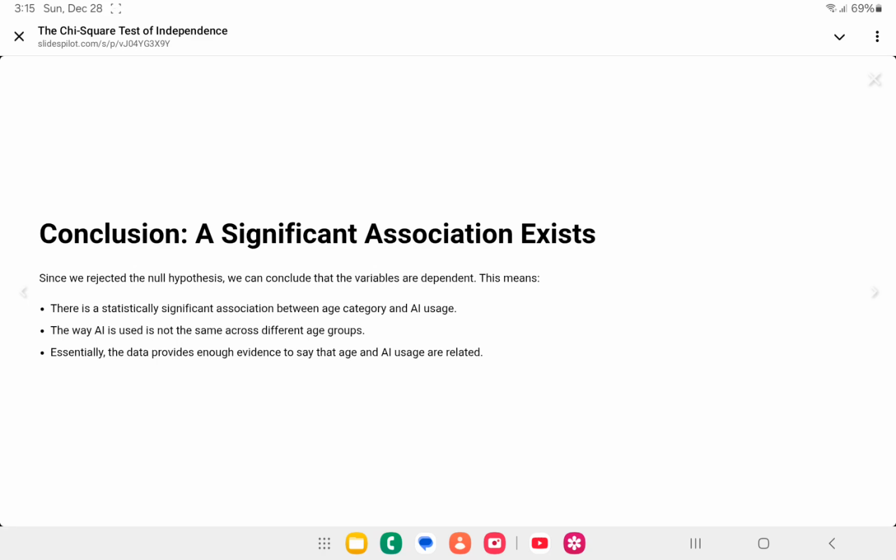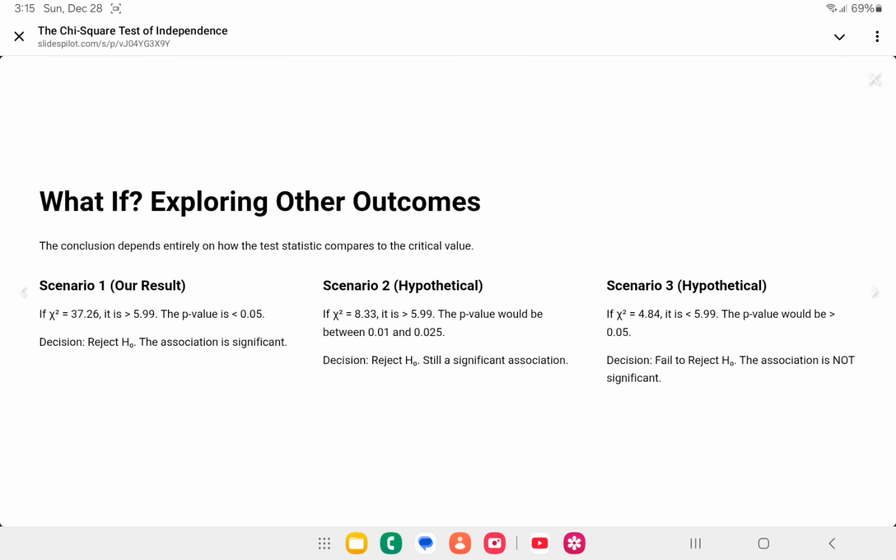We can calculate the p-value of the test using software or estimate it from the chi-square table. Going again to df equals 2 in the table, we find that the chi-square statistic of 37.26 is larger than all the critical values listed here. We therefore say that the p-value is less than 0.005 or whatever the smallest alpha value listed is.